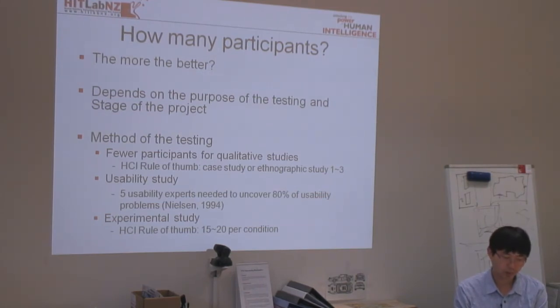Usually fewer participants are accepted for qualitative studies, such as when you're doing observation or interviews, where you might end up with fewer people than in more formal user studies.